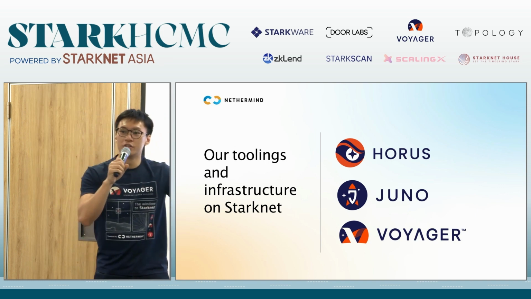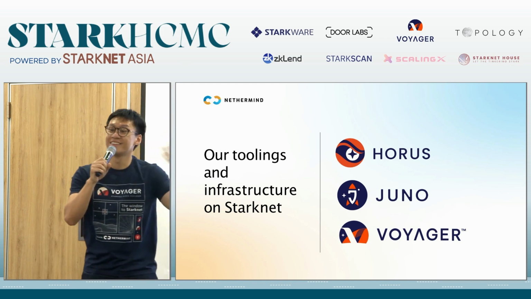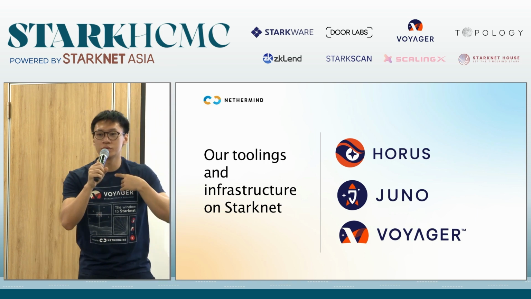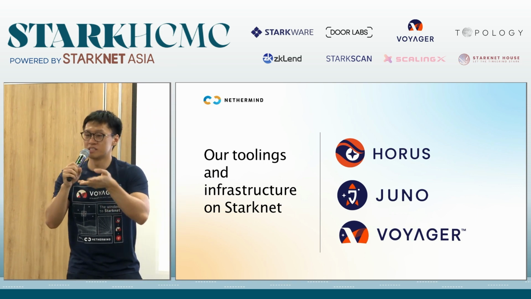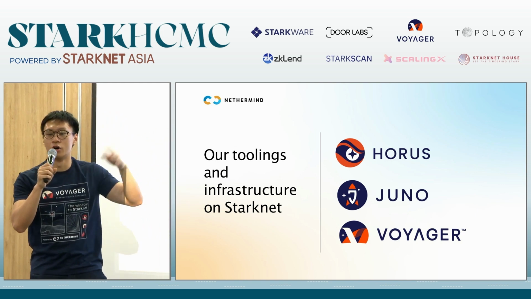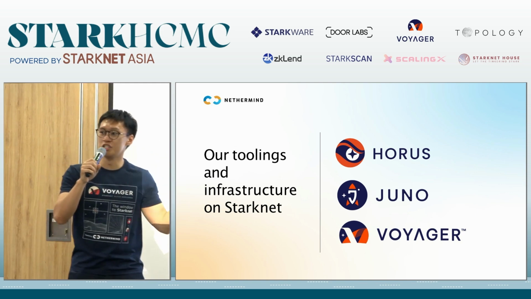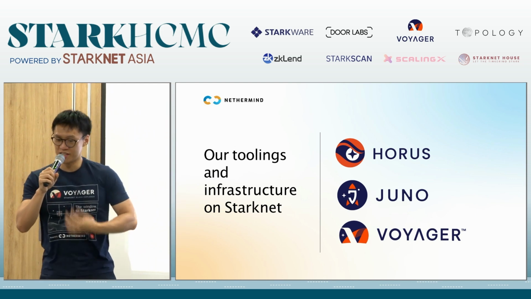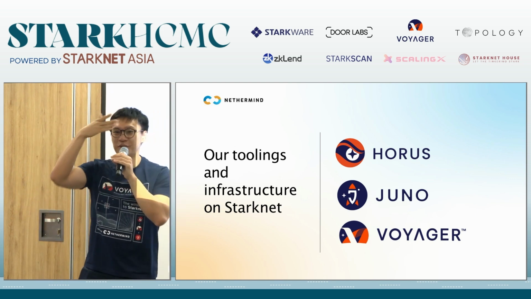Think of the client nodes of Ethereum, like the Nethermind client, coincidentally, same name. Yes, the Nethermind client is built by our company as well. And the more famous Geth client. So Juno is similar to those clients, but they are now on the Starknet ecosystem. And finally, Voyager, which is the team I'm working in. We have T-shirts over there for Voyager. I'm wearing one, so if you like it, go grab some.